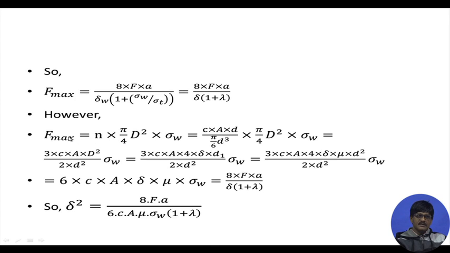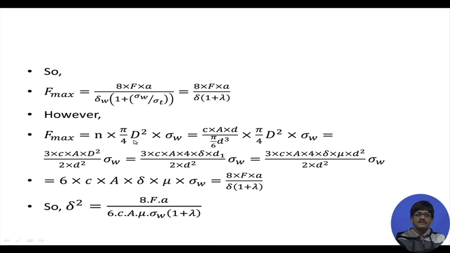What we say is the F max force must be the total force which is coming due to a number of abrasive particles. Therefore, it must be equal to the total number of abrasive particles which are active under the tool surface. Let us call it N. N number of abrasives offer this small force, and therefore it is added up altogether to create F max.